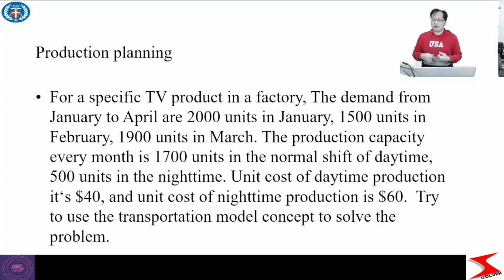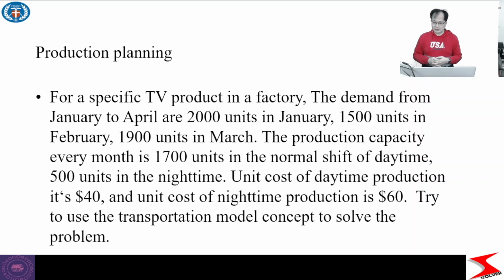Now I'll give you an application where we can transfer the problem into the transportation problem. The description of this production planning problem is for a specific TV product in a factory.